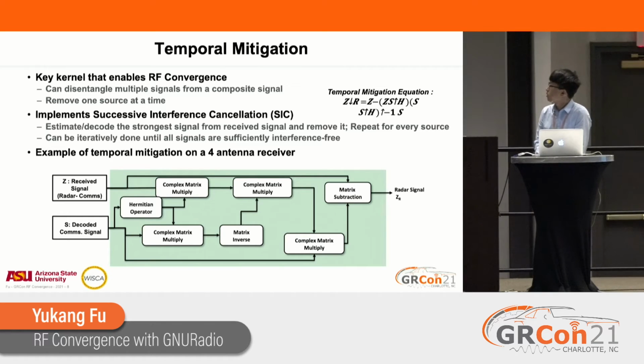It decodes the strongest signal from the received signal, removes it, and repeats multiple times if there are multiple sources. So it can be done iteratively until all signals are sufficiently interference-free. Here's a block diagram and the equation for temporal negation on this slide.